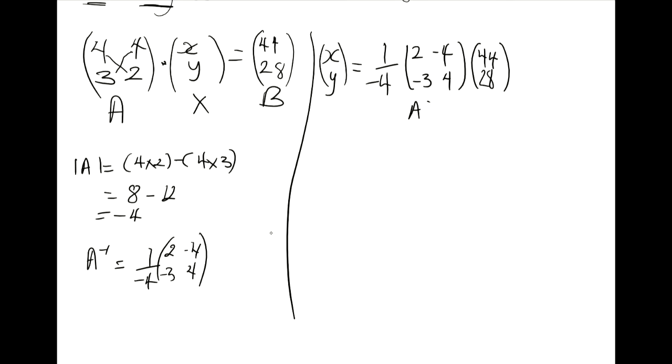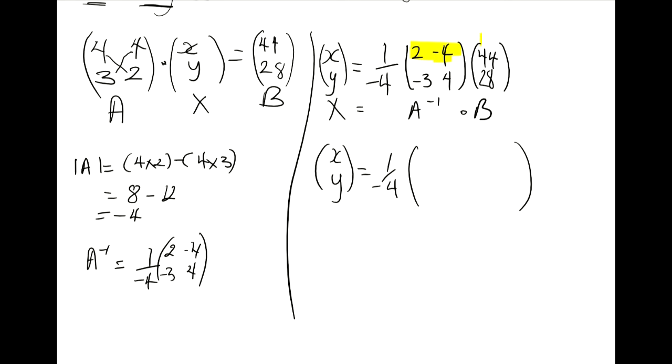This is our inverse, this is our matrix B, and this is x. So let's multiply. Now remember, when you're multiplying matrices, you go rows by columns. So this row multiplies this column, and then this row will multiply this column again. Let's see how that goes.